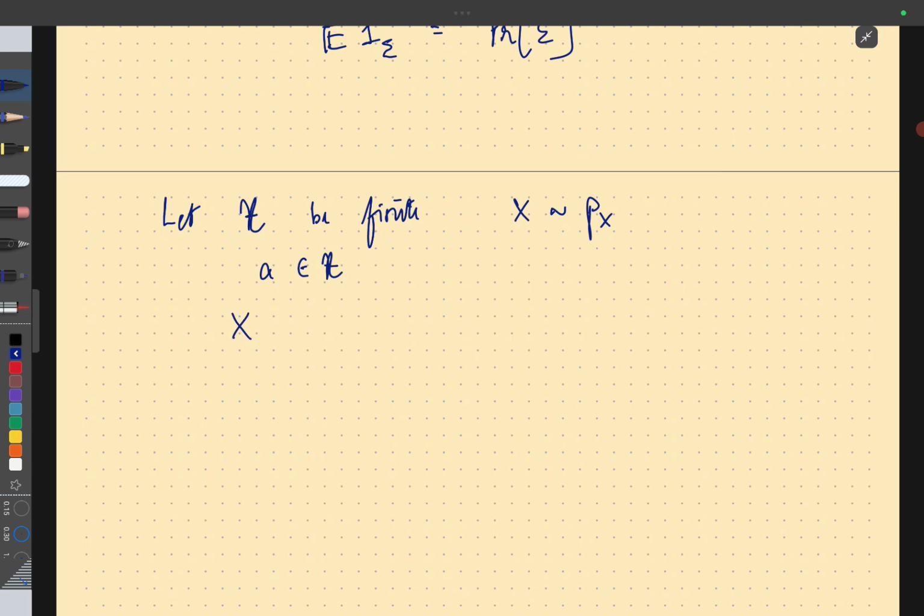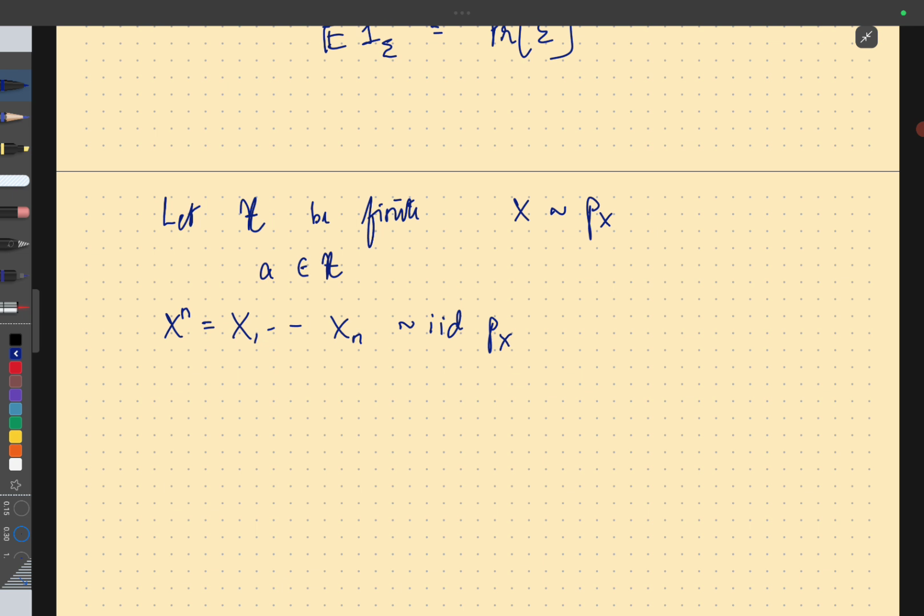So suppose that x1 through xn are independent and identically distributed according to the law Px, and at the same time I'm also introducing some notation that I'll be using. Any vector or sequence of n random variables, I'll denote this x superscript n.